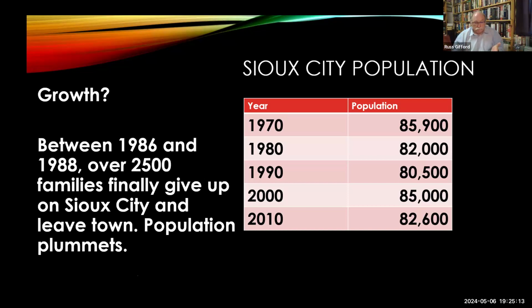But in Sioux City, an ag-based community, with these farm crisis issues in the early 80s, the double-digit inflation hanging on for dear life, and the Zenith closing, by 86, all of a sudden, if you were in a business like I had, or a business like Iowa Public Service, Midwest Energy, where you have connections to homes where people live, when over 2,000 of those people just finally say, the economy's getting better elsewhere.